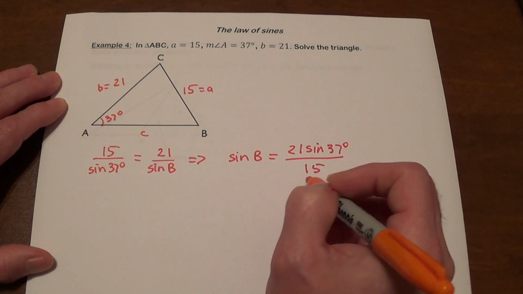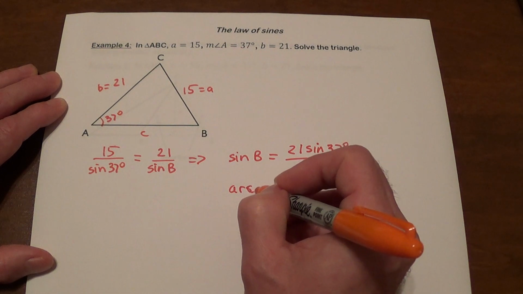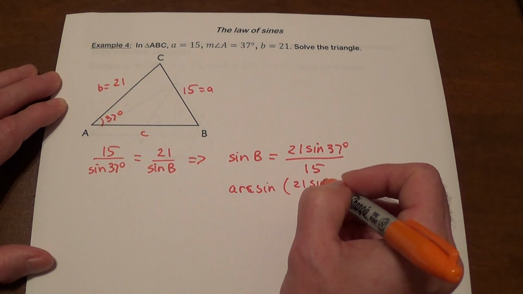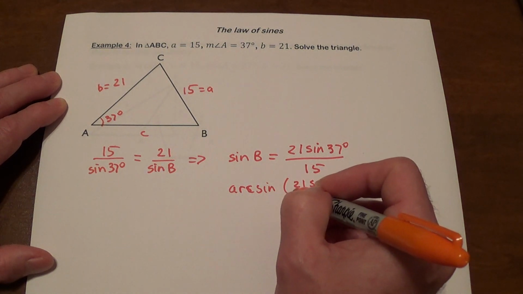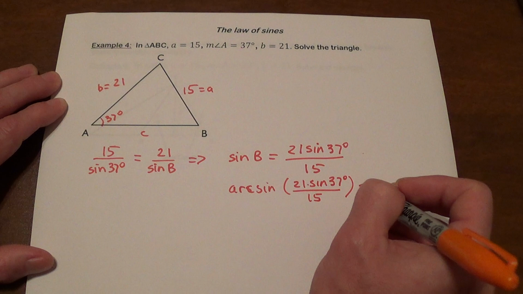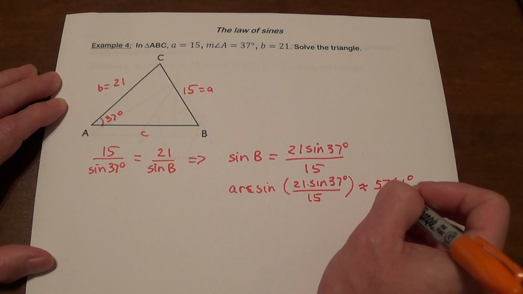So if you actually do arc sine of this value here, you can plug the whole thing in the calculator, and you will get that the angle B is approximately 57.41 degrees.